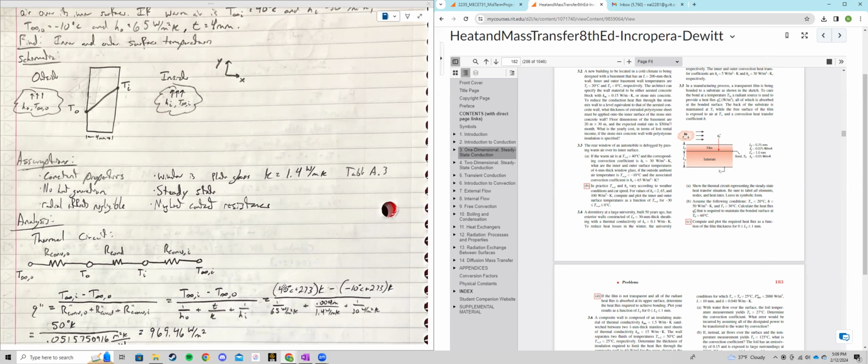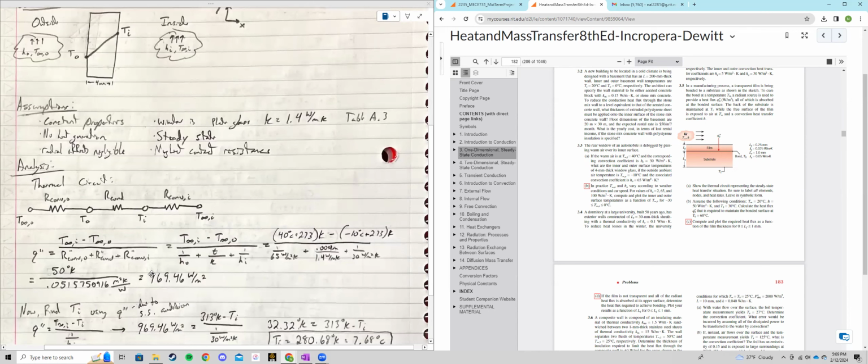You just have to make sure you take the difference of these values and then go ahead and solve for this, and then you'll finally get your final value for your heat flux of around 969.46 watts per meter squared. From this, you can then use the value to break down into smaller components to find your TO and TI.